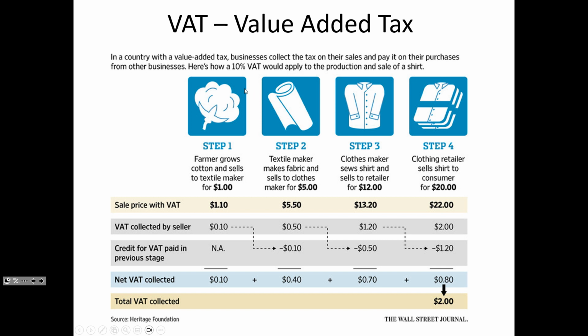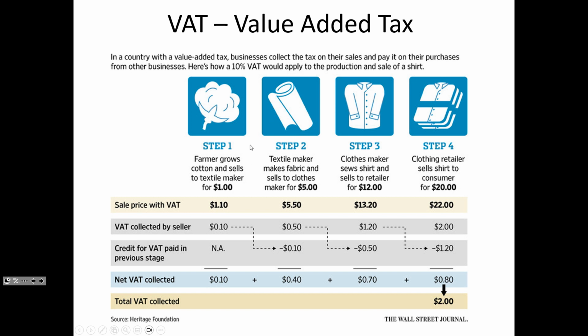And so they're going to be adding value through that transformation. And so what happens is, if the item sells for $1, the farmer has to charge $1.10. The farmer will keep $1 and owes 10 cents to the government because 10% of their sales go to the government.